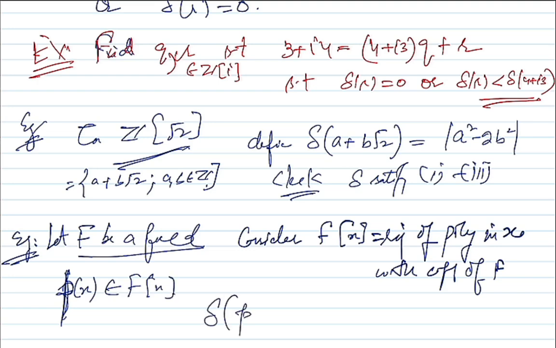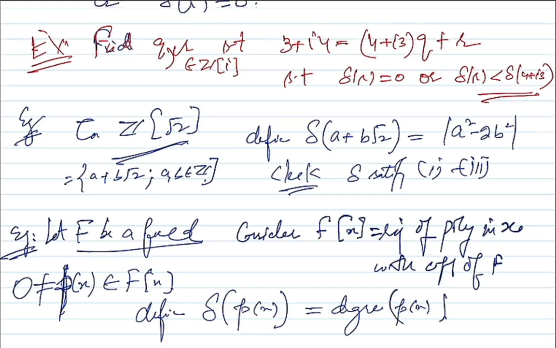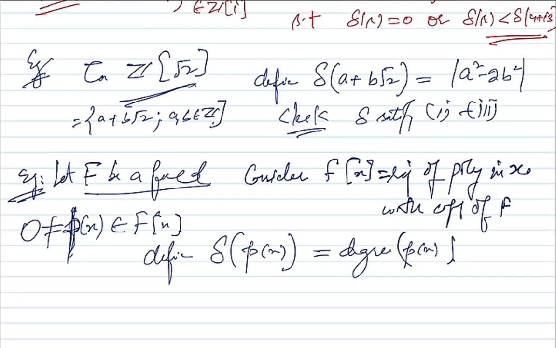Define delta of p(x) as the degree of p(x). Now p(x) has to be non-zero, because if it is zero its degree is undefined. For you again an exercise: check if this delta satisfies all these properties 1, 2, 3.